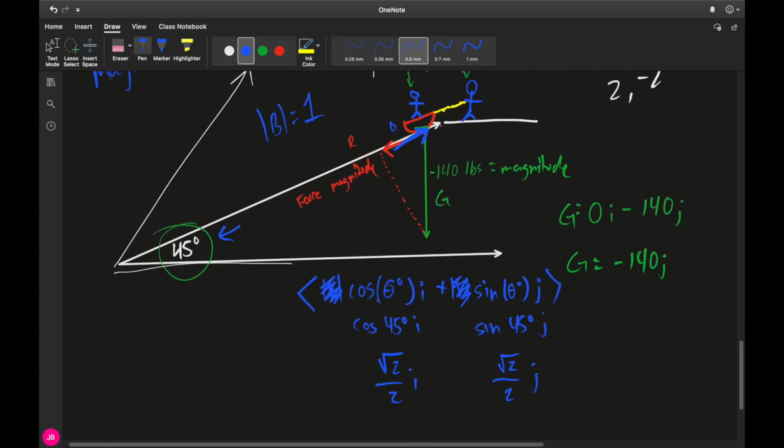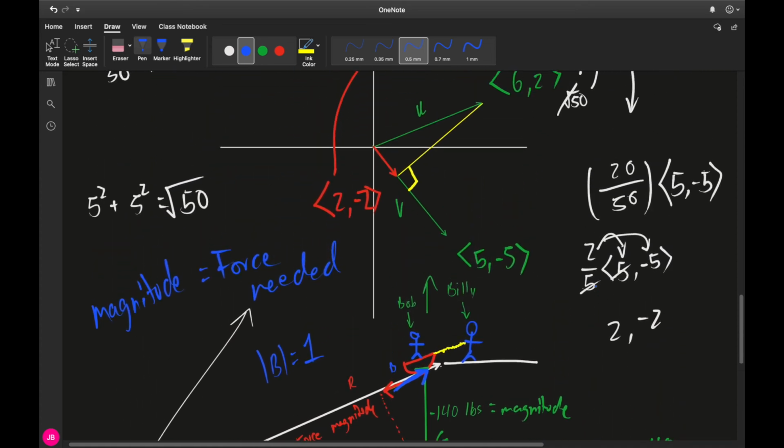So now we have the measure of both of these vectors. Vector b, the blue vector, is square root of 2 over 2 i plus square root of 2 over 2 j, and vector g is negative 140 j.